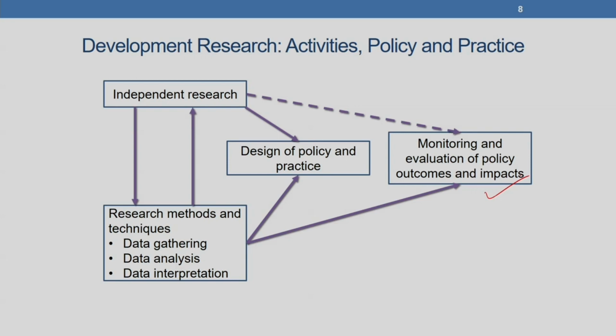So, it needs to be recognized that some of the development of research methods and techniques has been instigated by international aid agencies, but not usually in the course of the direct undertaking of policy design or its monitoring and evaluation. This diagram also makes a basic distinction between basic, applied and routine research, where basic research relates to fundamental work on methodology, for example, development of qualitative research methods.